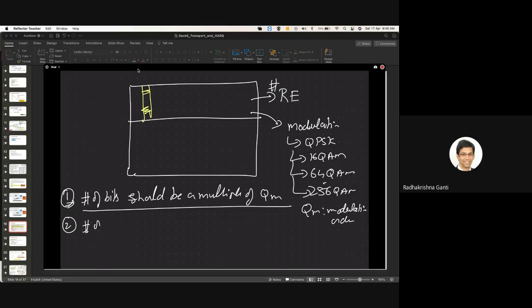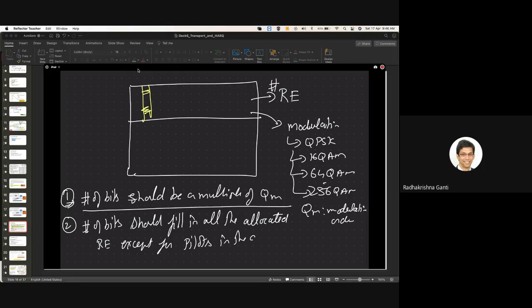Again, the number of bits should fill in. When I say fill in, it means that after you put in the modulation, it should fill in all the allocated RE, except for the pilots in the grid.